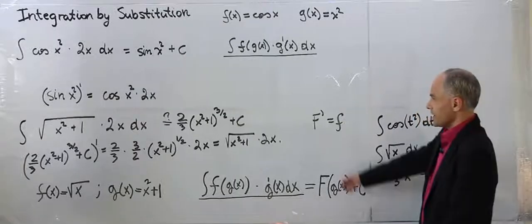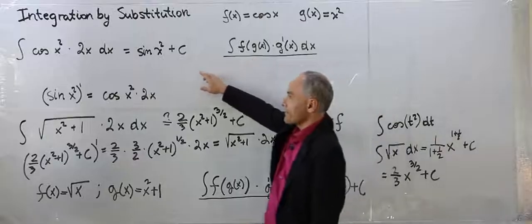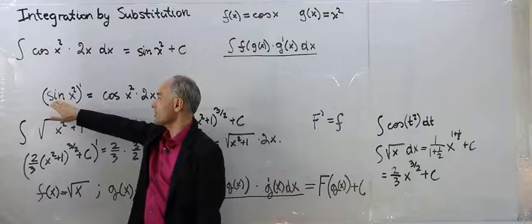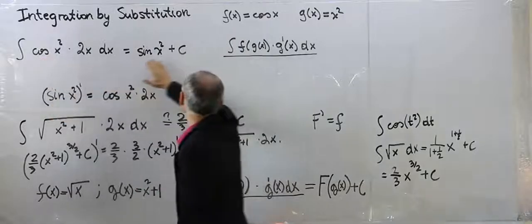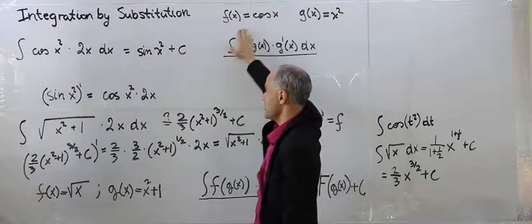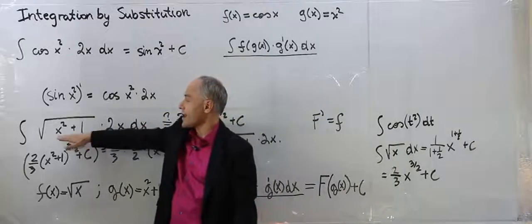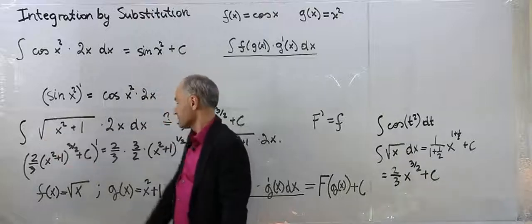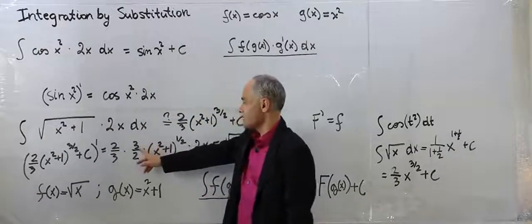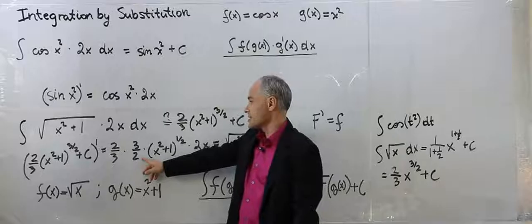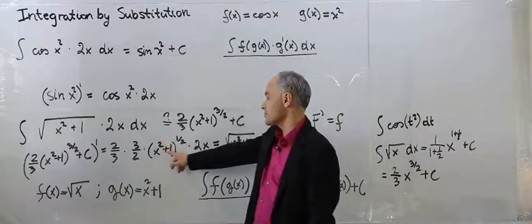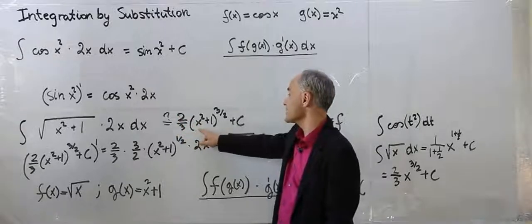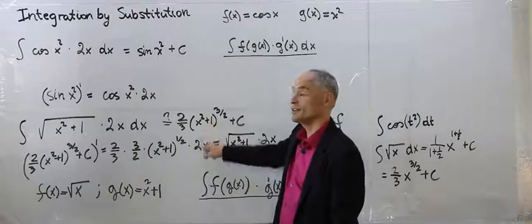So in other words, capital F here in our first example was sine, right? Because the derivative of sine was cosine, was lowercase f. And in our second example, what was capital F?